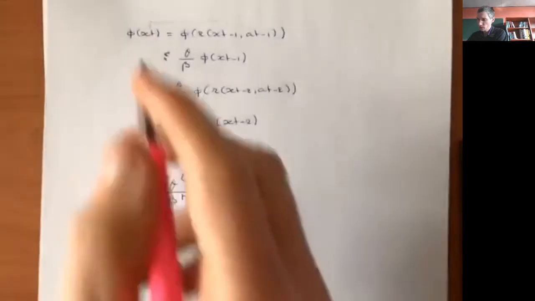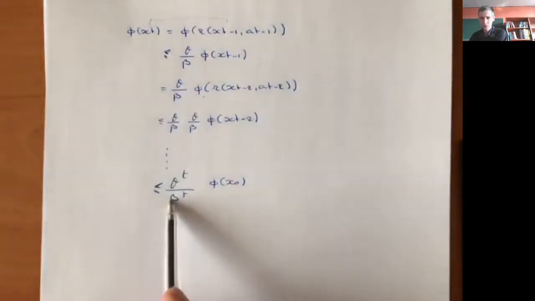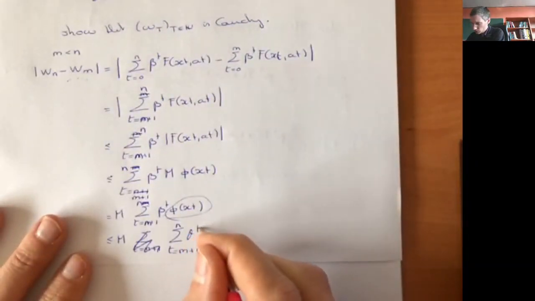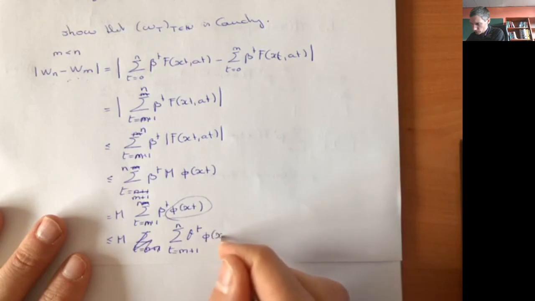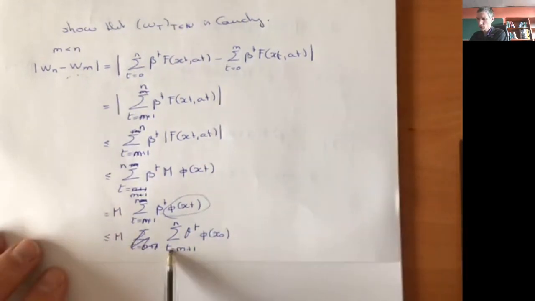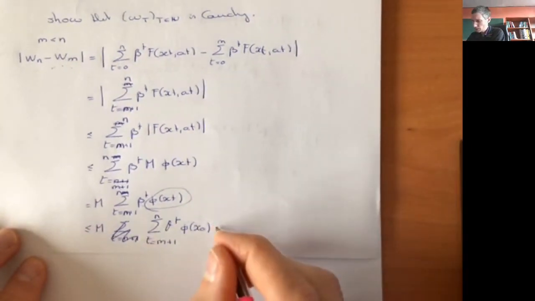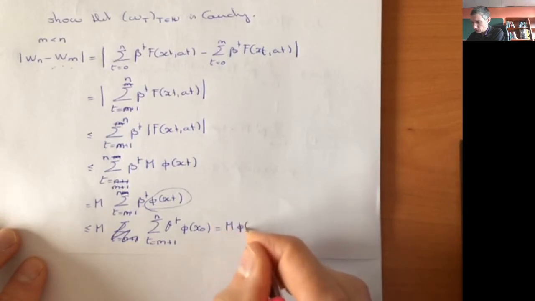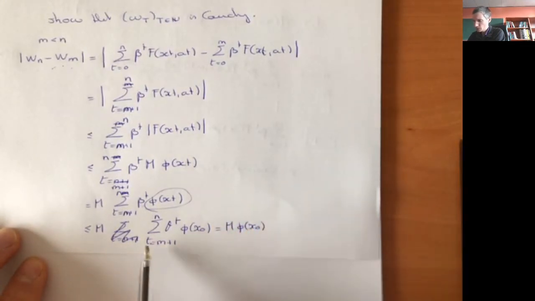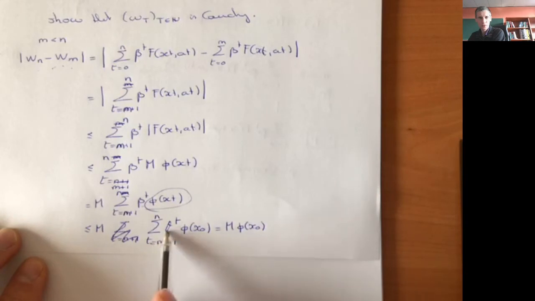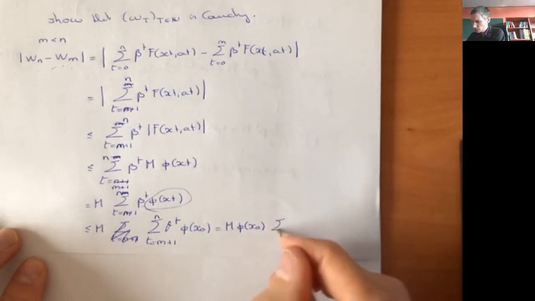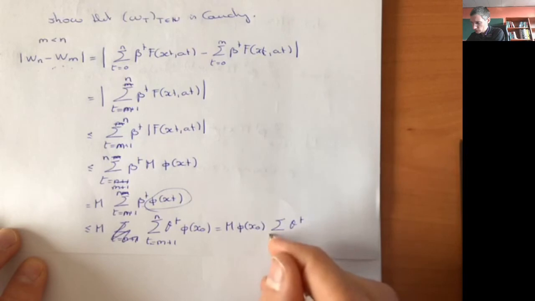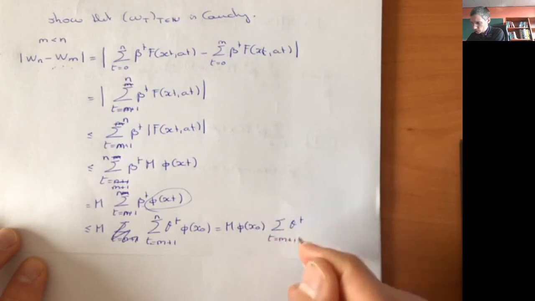Then beta to the power t of xt, well, we can multiply this by beta to the power t, then this beta to the power t disappears. So we have less or equal to theta to the power t phi of x0. And x0 doesn't depend on t anymore, so I can put it in front. So this is m times phi x0. And then what we are left with is a sequence of theta to the power t's for t from m plus 1 to n.